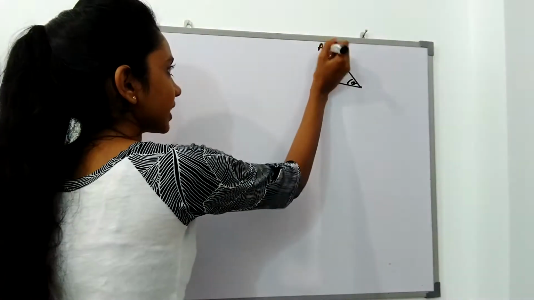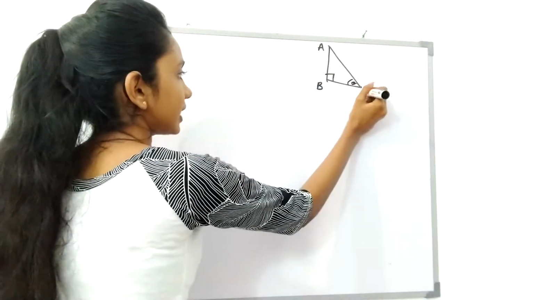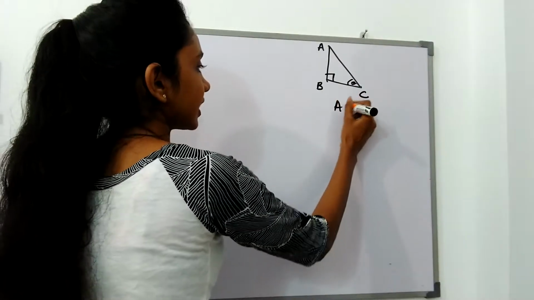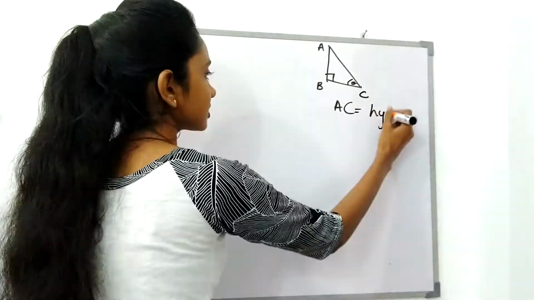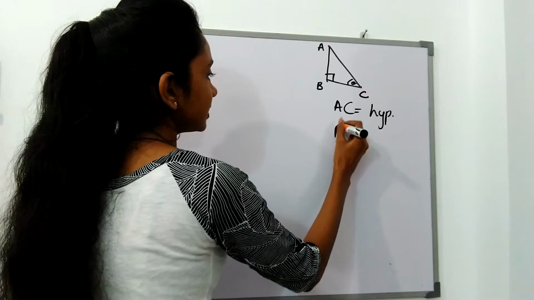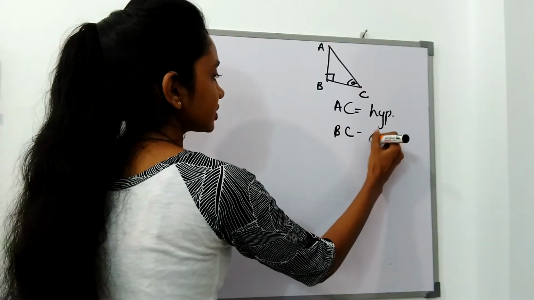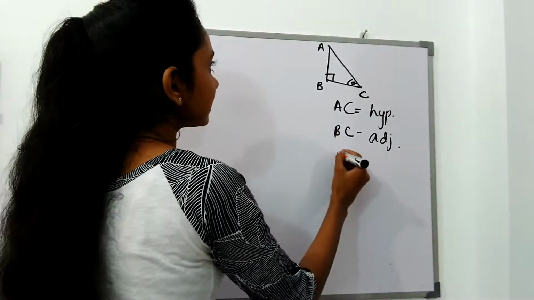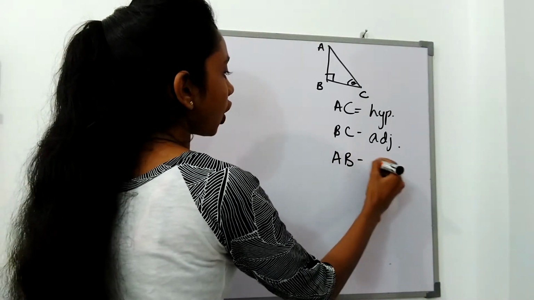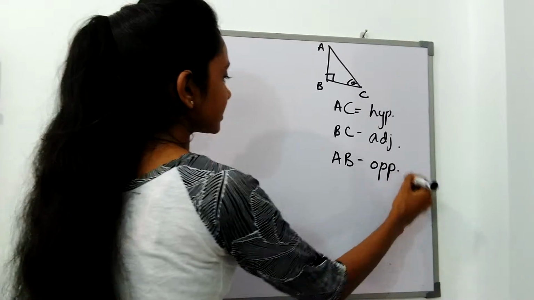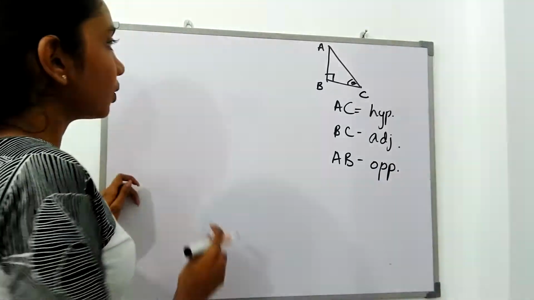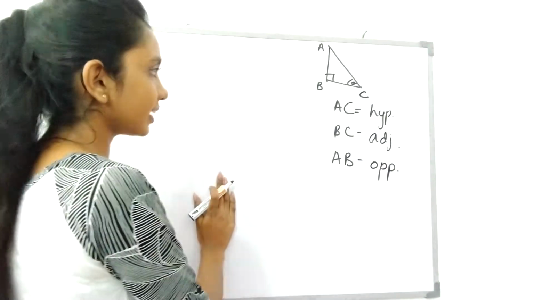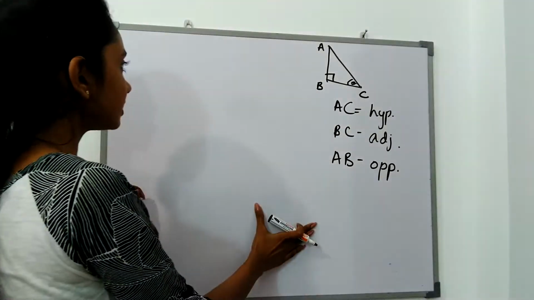Let's name this as A, B and C. So AC is the hypotenuse, BC is the adjacent side, AB is the opposite side. So I told you three ratios are there regarding these sides.